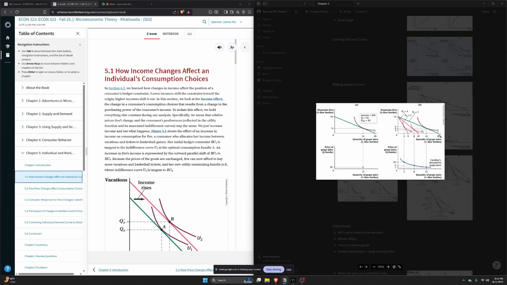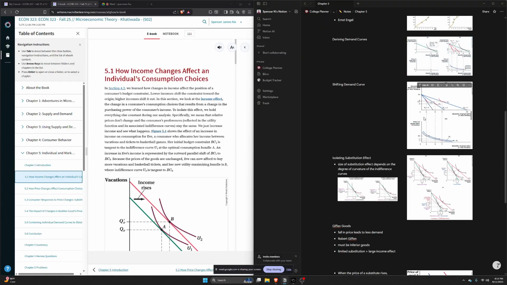So with all my money, I could buy 20. But if the price doubled, then I could only buy 10. If the price doubled again, then I can only buy 5. So that's why these budget constraints are more steeply angled. And then we find the maximizing utility, and then we plot a line over those 3. So that's how we're finding our demand curve.